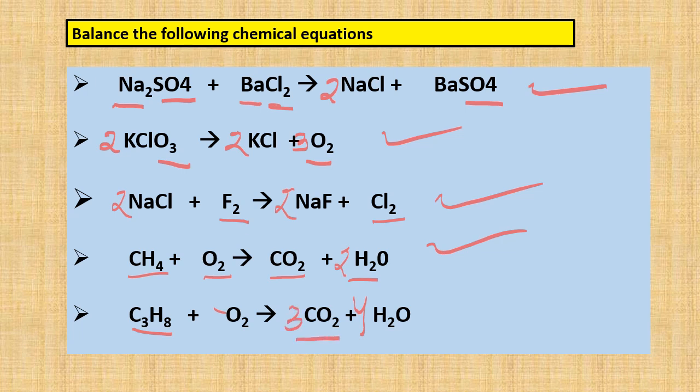Now carbon is balanced. Now look at the number of oxygen atoms. There are 4 oxygen atoms in H2O and there are 6 oxygens in the CO2. So there are 10 oxygen atoms in the product side. So just write down 5 in front of O2 in the reactant side. This is the balanced chemical equation for the given equation.